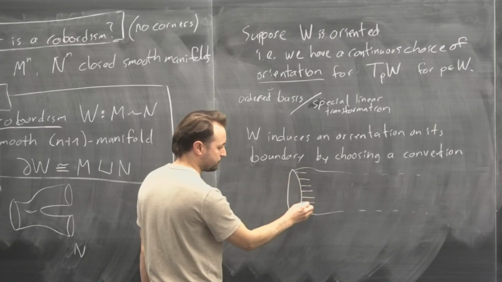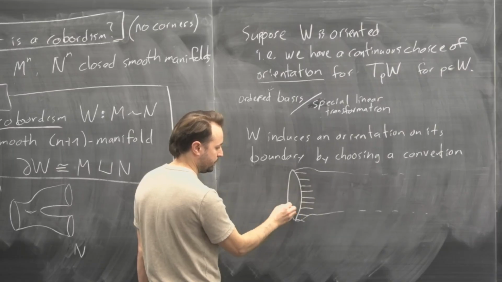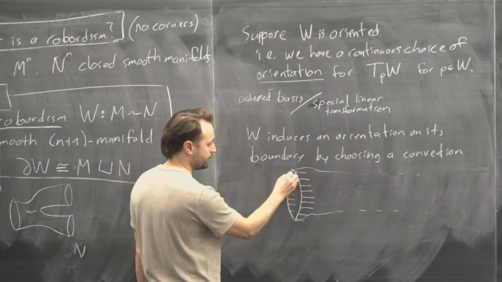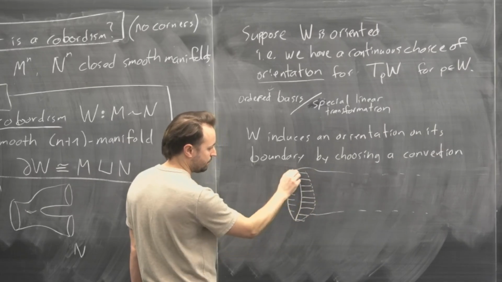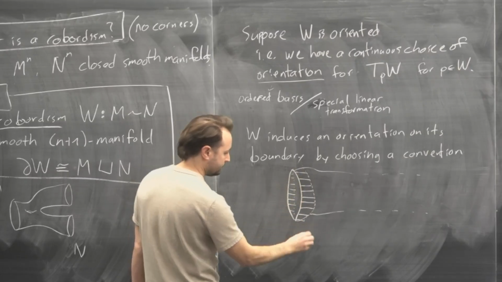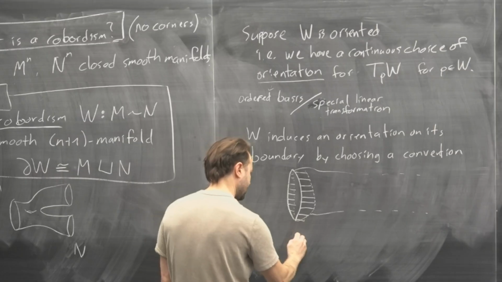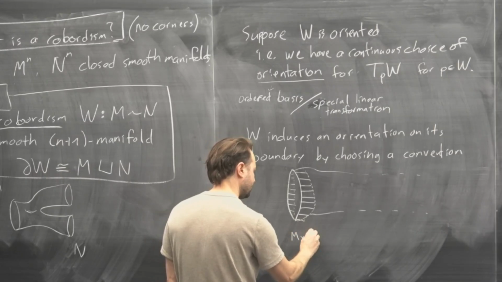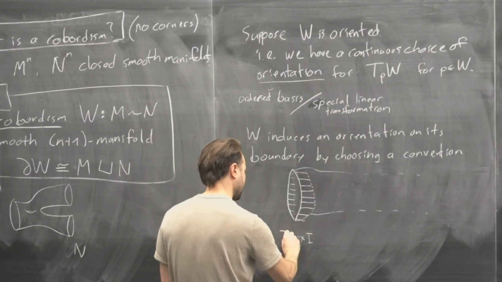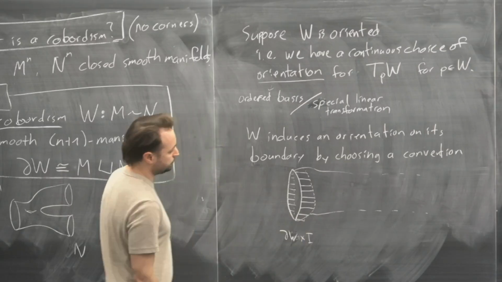In fact, the tubular neighborhood of its normal bundle is this little collar that sticks into the manifold. It gives a little trivialization so that, near the boundary, the manifold W just looks like M cross the interval. I'll just write boundary of W cross the interval.